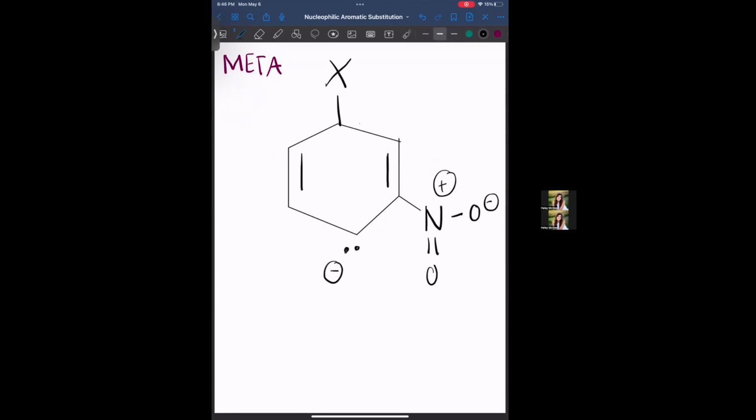And from this position, there's no way that they can make it over to that nitrogen, and there's no way that it can be stabilized by this electron withdrawing group. So if you have your electron withdrawing group in the meta position, this reaction is really not going to go forward very well because the rate determining step is the formation of the sigma complex, and that's so slow.